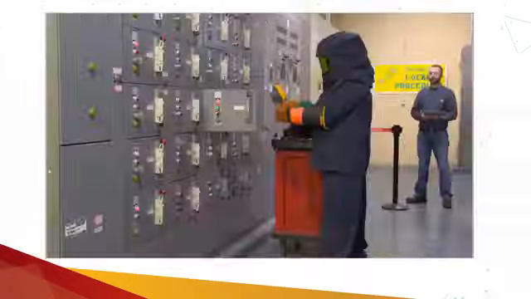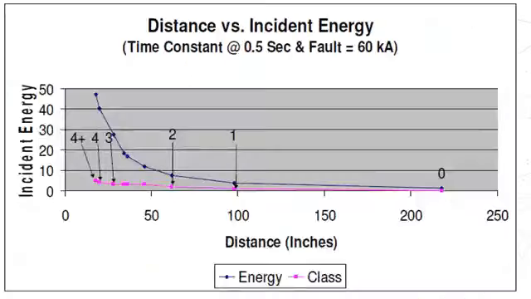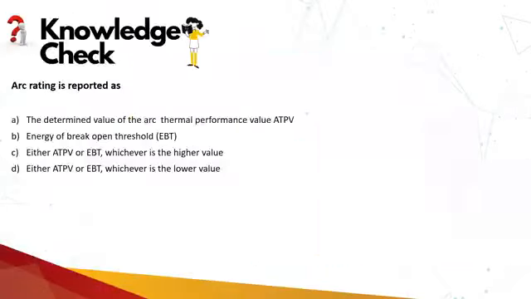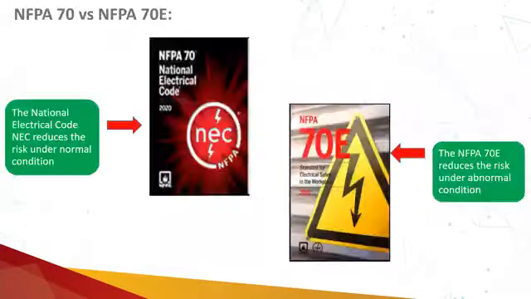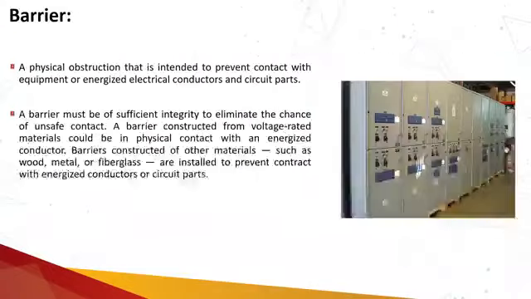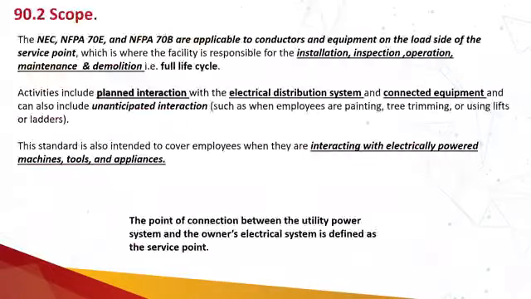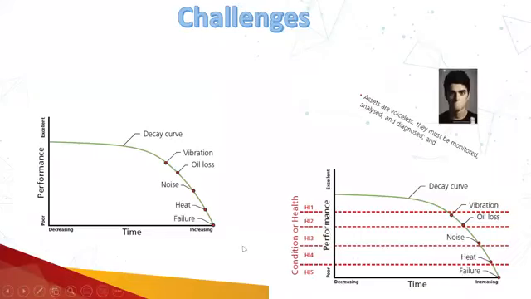Let me take you to one of the diagrams, then we will come back. For example, in any electrical equipment or cable, its insulation has started to deteriorate.